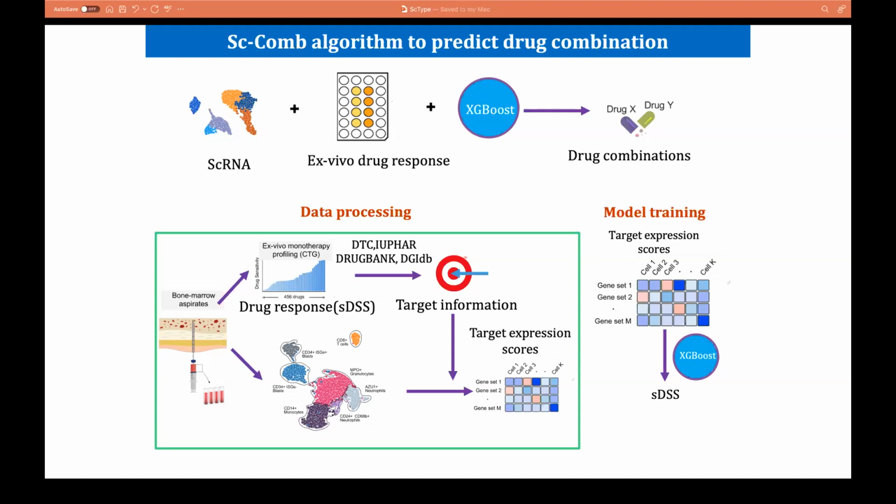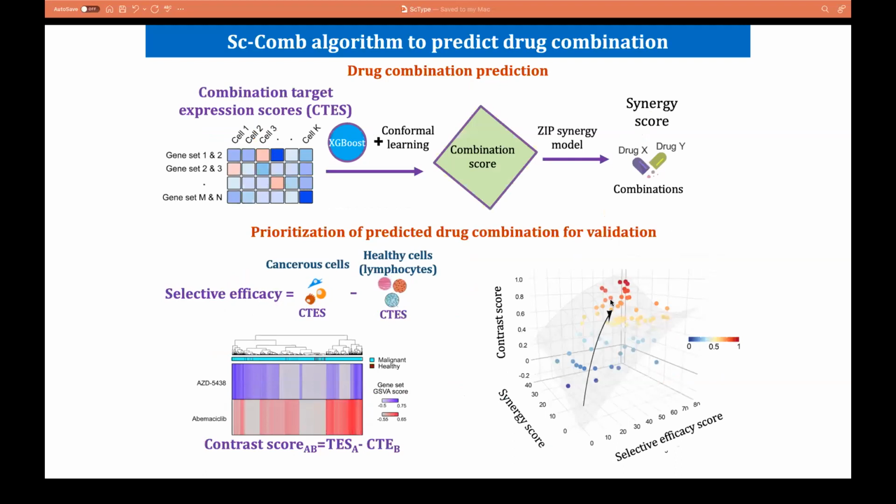And based upon that, we use a model called the synergy model, which we have developed in our lab, to estimate the synergy score and prioritize the drug combinations that are going to be more effective. As I said, you can combine genes which are targets of drug 1 and drug 2, and put them back into this XGBoost model.